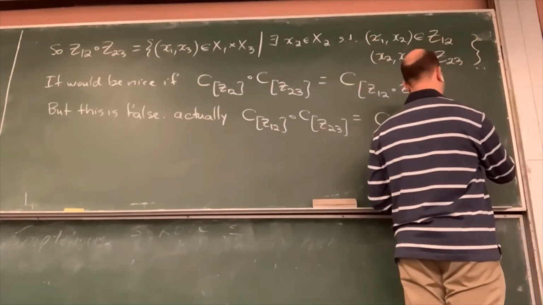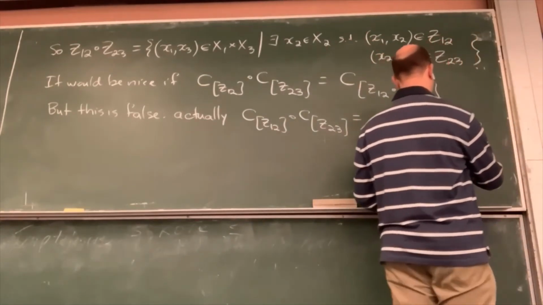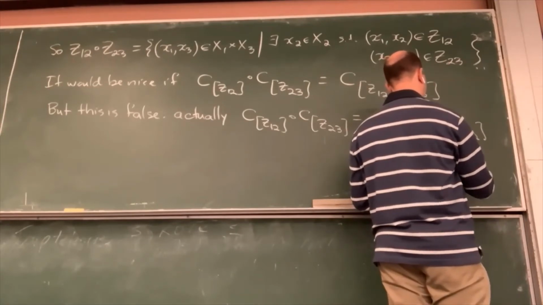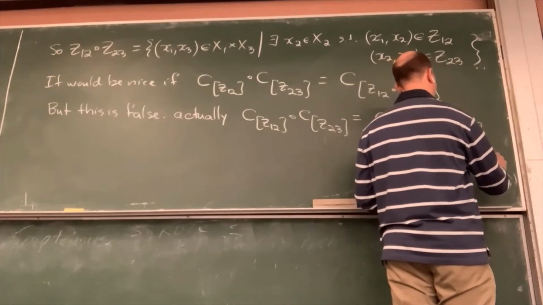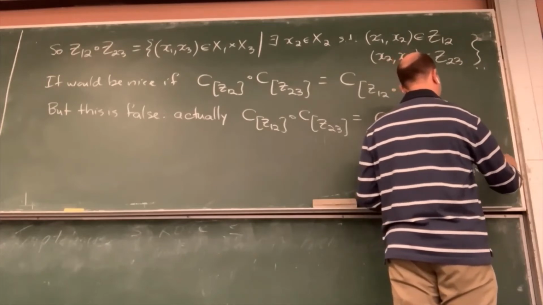So the fundamental class of Z12, intersection in X1 cross X2 cross X3 with the pullback of Z23.